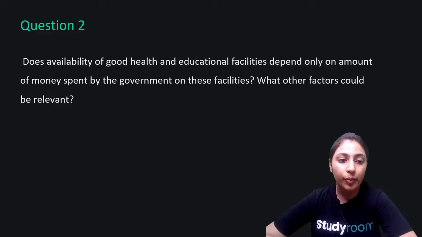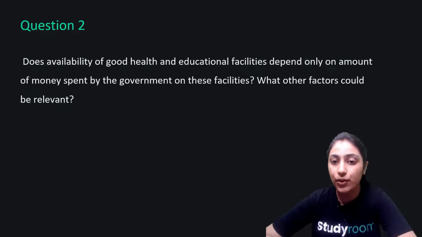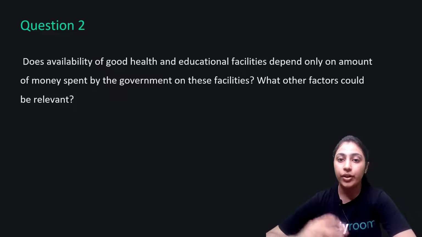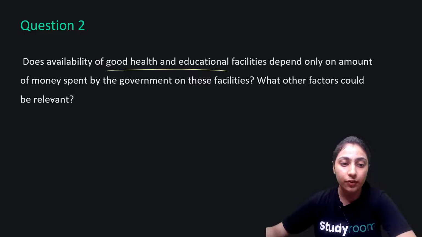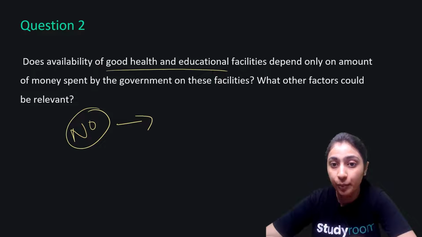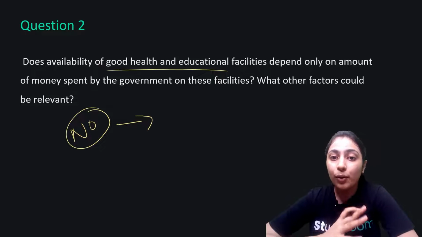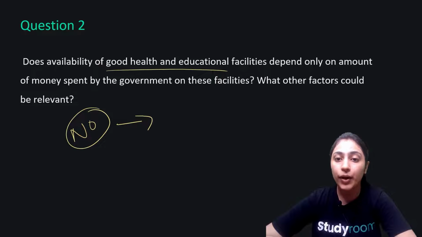Now, question number 2 says, does availability of good health and educational facilities depend only on the amount of money spent by the government on these facilities? What other factors could be relevant? The answer is no. Yes, it is a duty of the government to provide money, but they cannot provide quality.